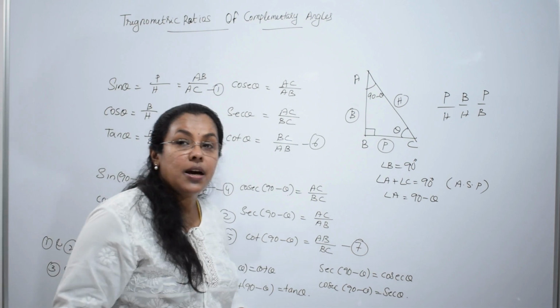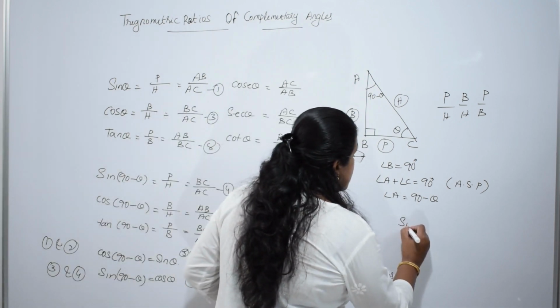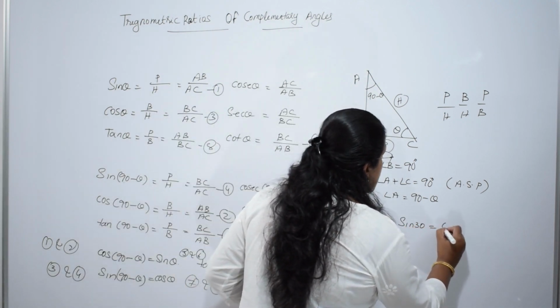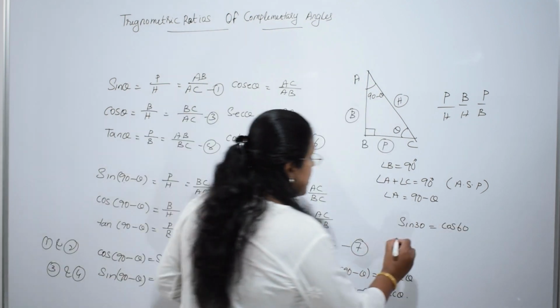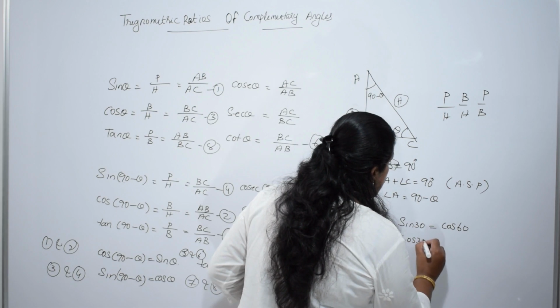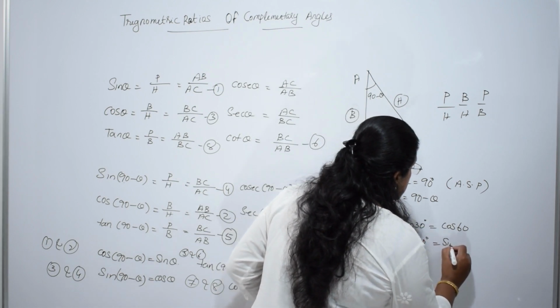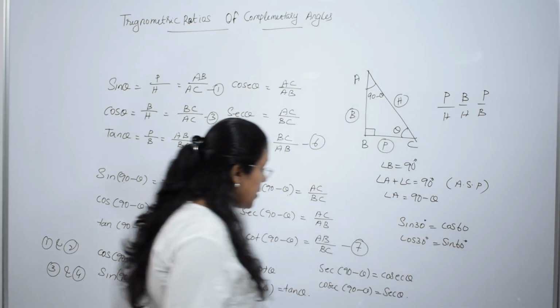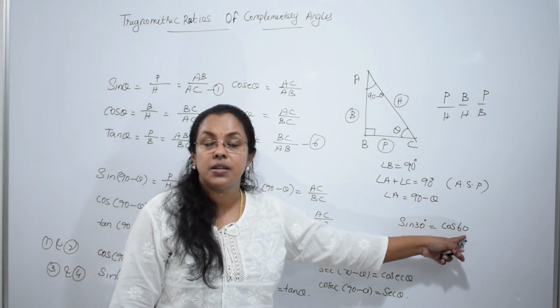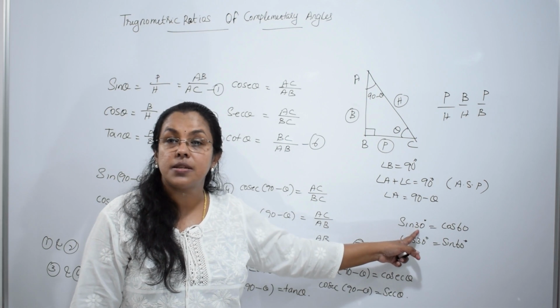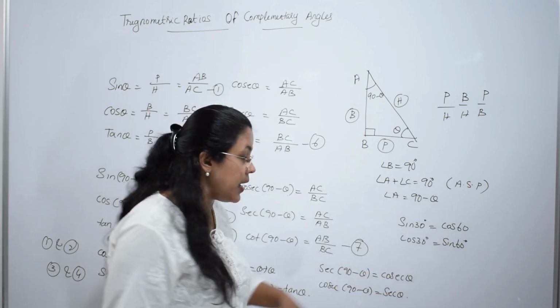The main reason behind sin 30° equal to cos 60° and cos 30° equal to sin 60° is this, because what is sin(90° − θ)? Cos θ. Sin 30° can be written as cos 60°. Why?